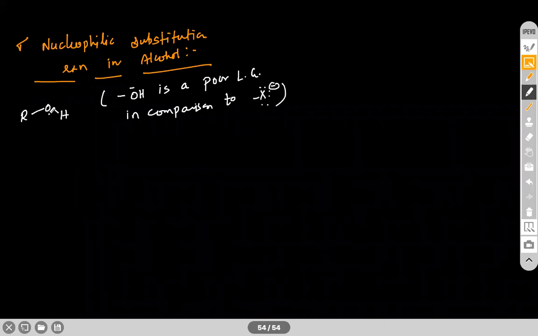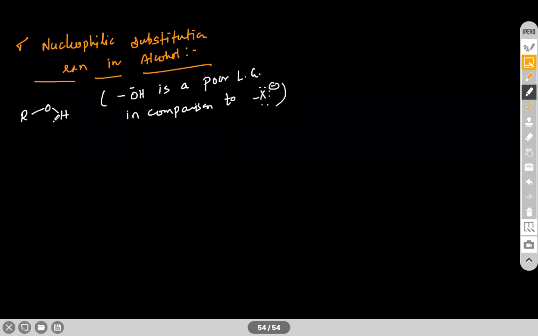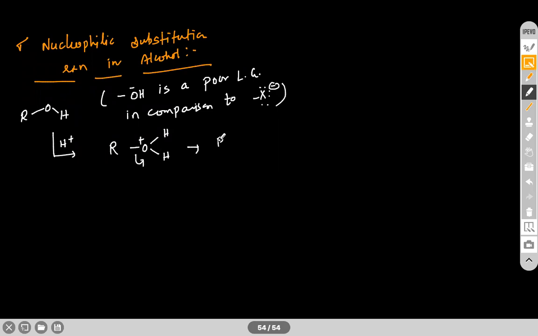So it cannot go out on its own, right? You have to convert this into a good leaving group first. That's why we always try to protonate this first, H plus. So this gets protonated and forms this. And we know H2O is a better leaving group. After this, it goes out and forms R plus and H2O. So like this, the SN1 reaction takes place in alcohol.